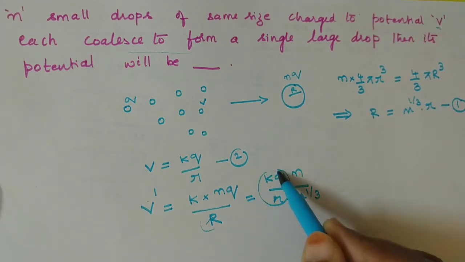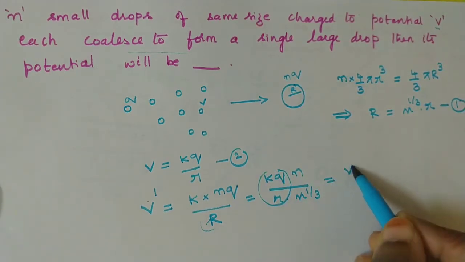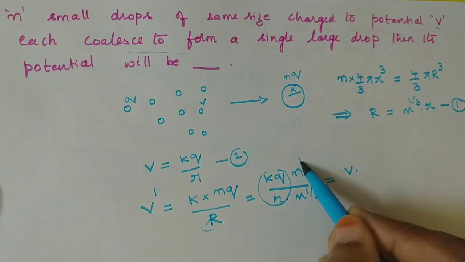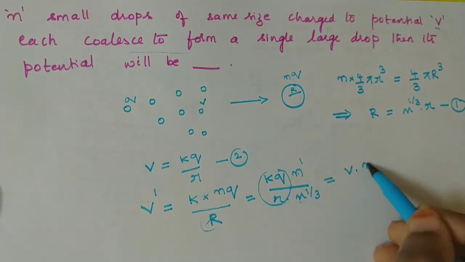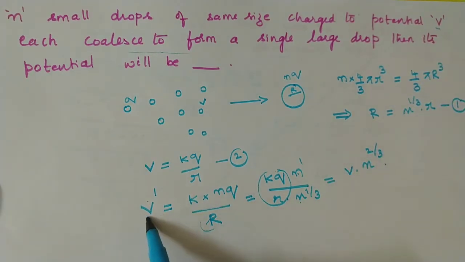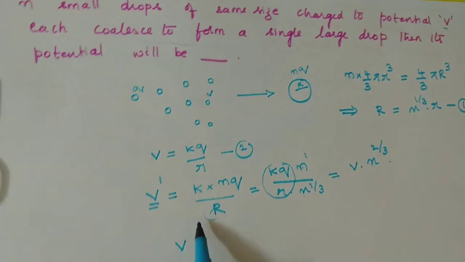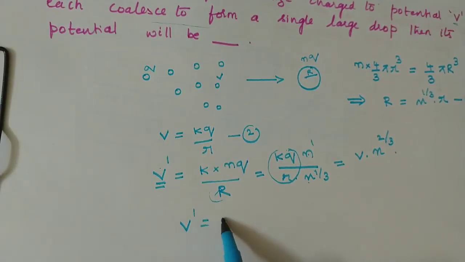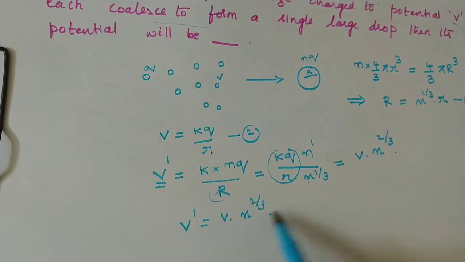This is nothing but small v, that is v into n to the power 1 by 3. 1 minus 1 by 3, that's 2 by 3. So the potential of the bigger drop v dash would be v into n to the power 2 by 3.